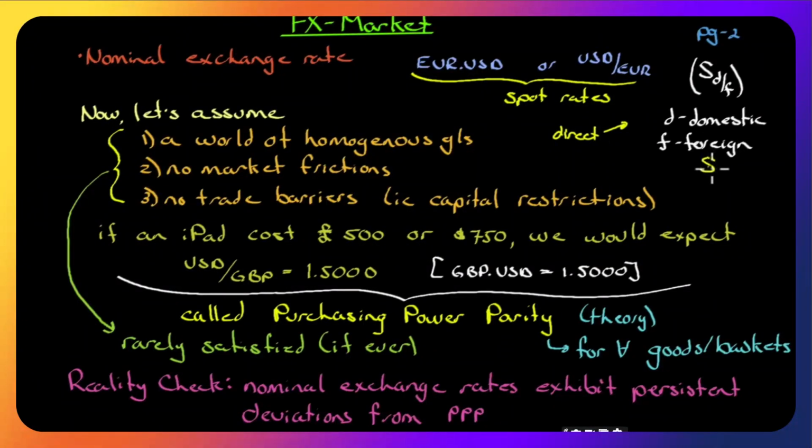When it's expressed as S, F over D, we will call this an indirect exchange rate. So what does it mean? It means nothing. It's just a convention. Just be aware that if we're talking about a direct exchange rate, the base currency is the foreign currency. When we're talking about an indirect exchange rate, the base currency is the domestic currency.